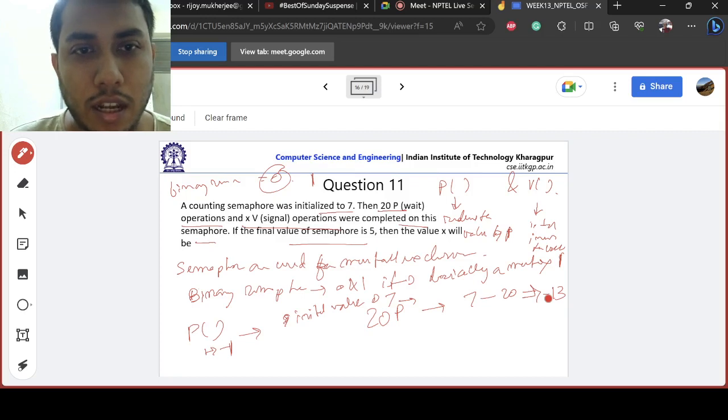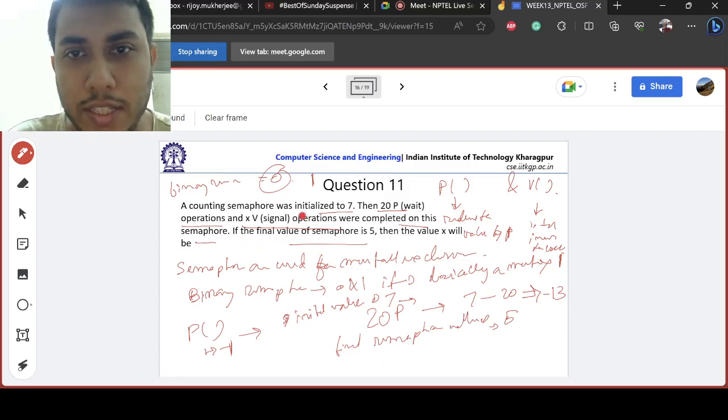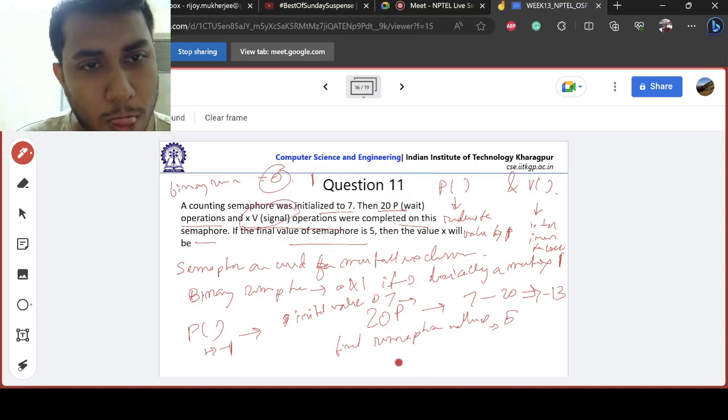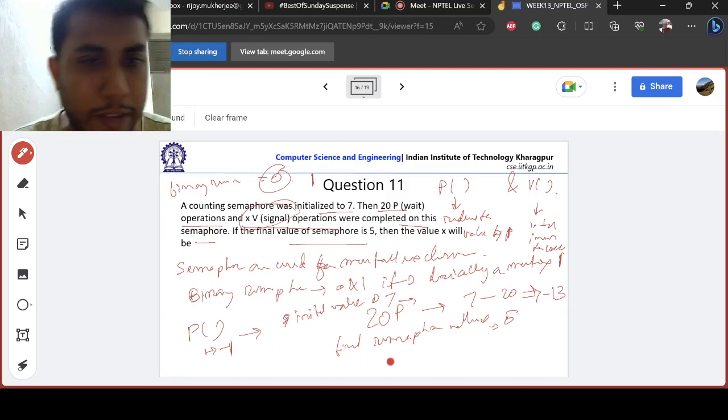Now it is said that the final semaphore value is 5. How many signal operations are we doing? We are doing x V operations. That is the reason it increases from minus 13 to 5, right?